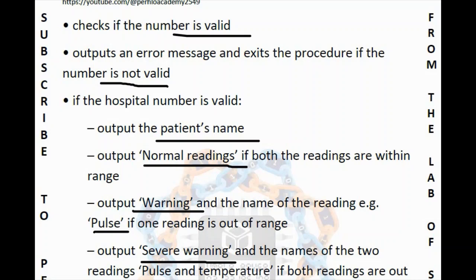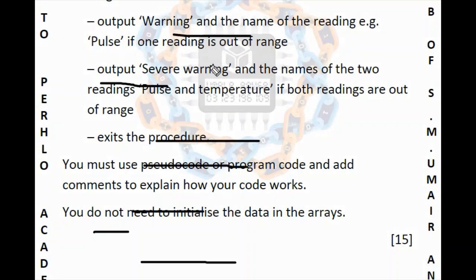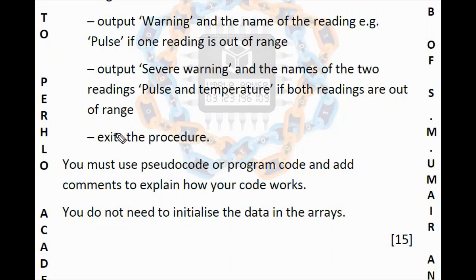Then exit the procedure. You must use pseudocode or program code and add comments to explain how your code works. Do not initialize the data in the arrays because they are already made and data is already stored in them.